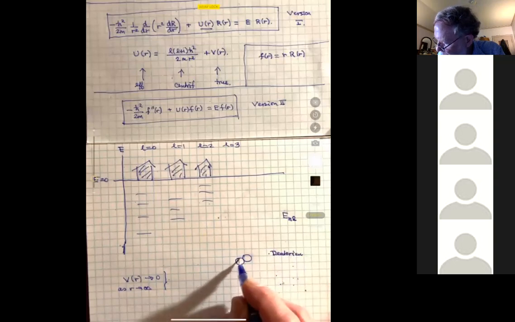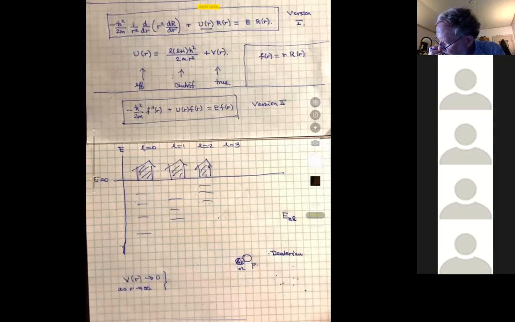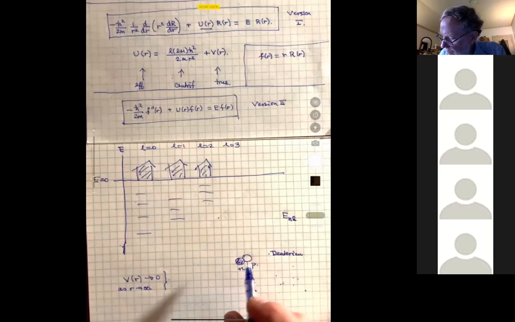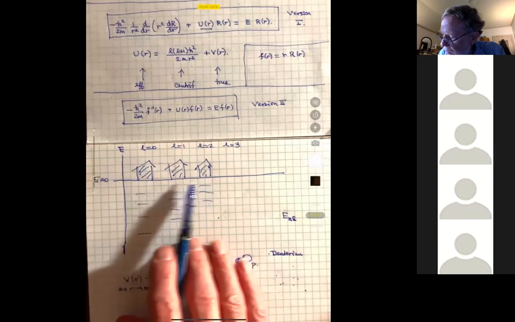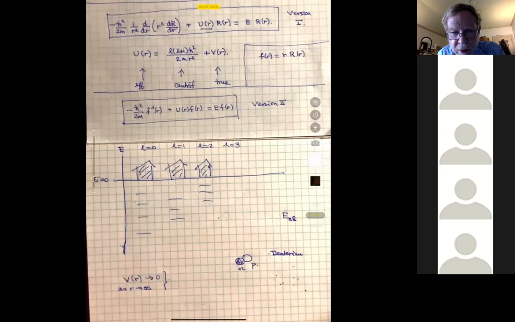One of the particles is a neutron and the other is a proton, and it's approximately a central force problem. It turns out that deuterium has exactly one bound state in the l equals 0 class, and it doesn't have any bound states at all in any of the higher l's. So it has just one bound state altogether.